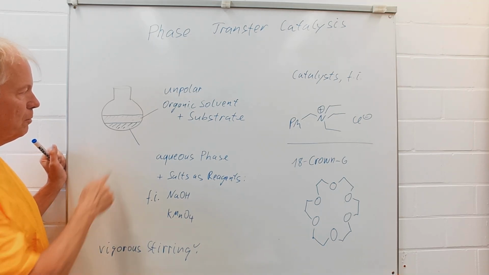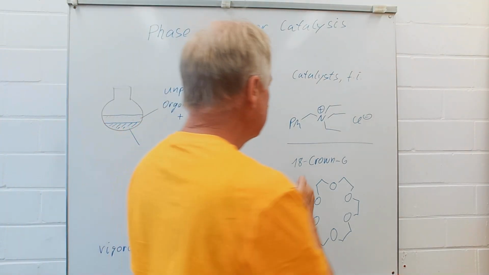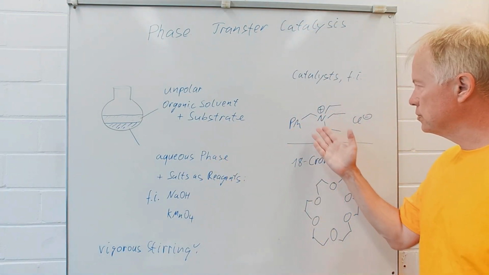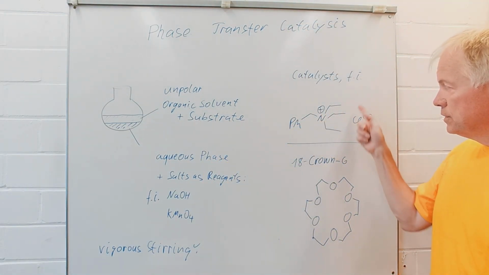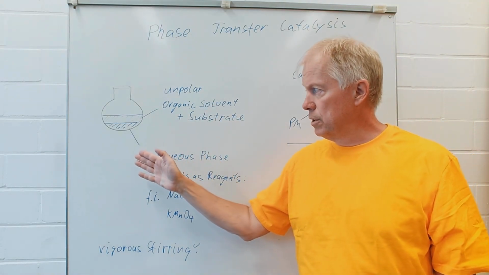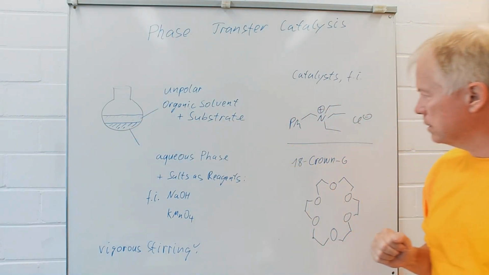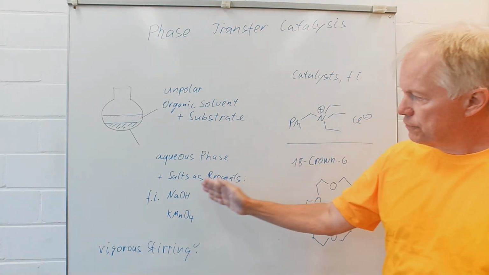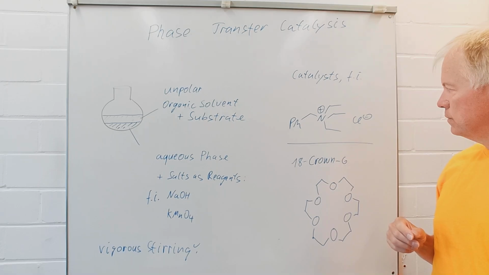But for the transfer we need a catalyst. And the catalyst could be, for instance, such an ammonium salt. This ammonium salt is soluble in the water layer as well as in the organic layer, and in the water layer an exchange will take place in equilibrium.